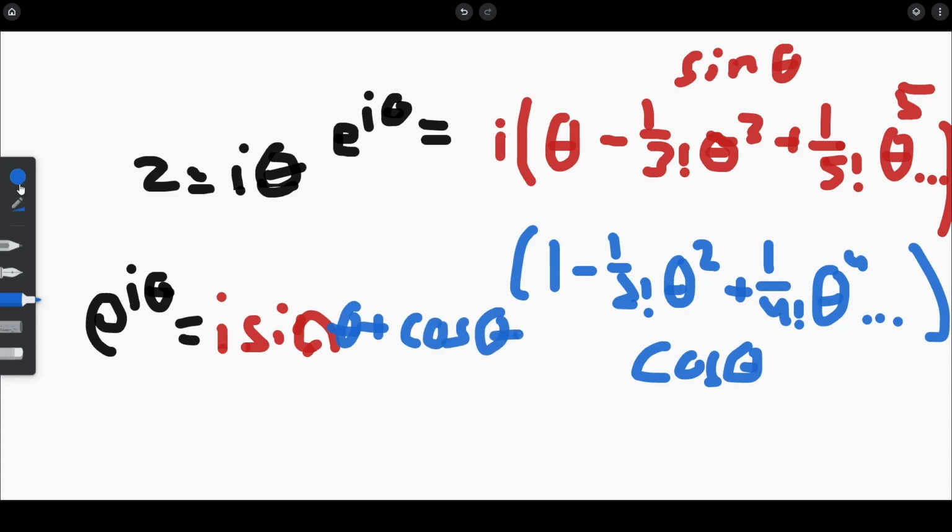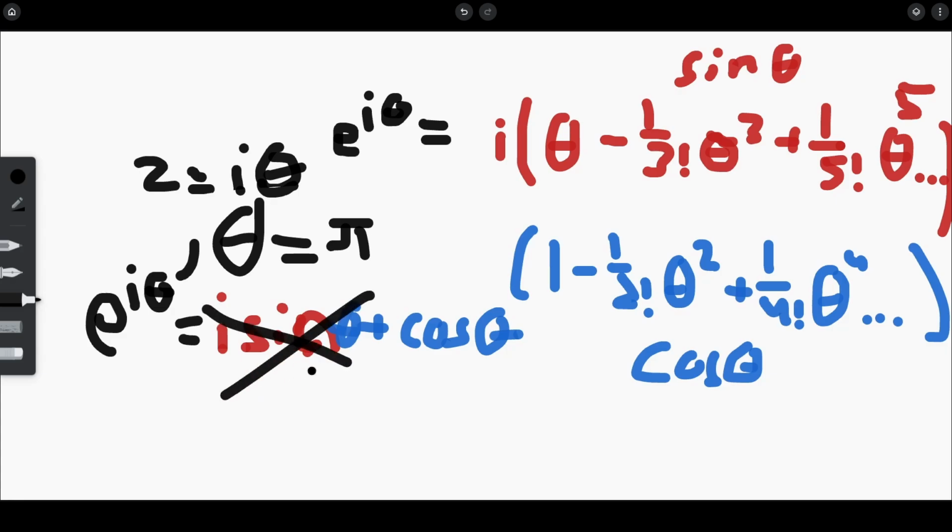And now that we know this, we can plug in pi. So why don't we try that? We'll set theta equal to pi. So i times sine of pi, well, sine of pi is 0, so that'll cancel out. And cosine of pi is negative 1, so that'll be equal to negative 1.